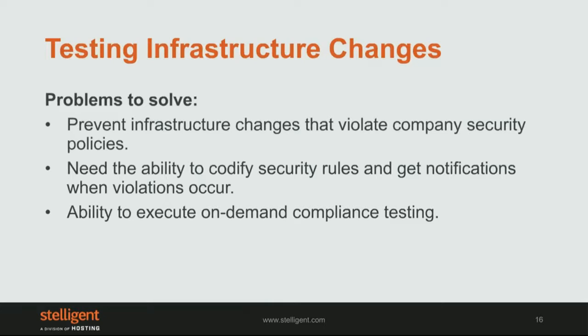Some of those tools are even services that AWS offers, like Config. But analyzing it in the context of a continuous delivery pipeline is a little bit harder to do, because it requires the ability to do on-demand testing and to have immediate feedback of the results of that testing as you go along.